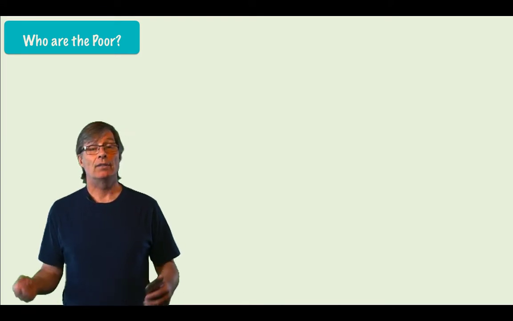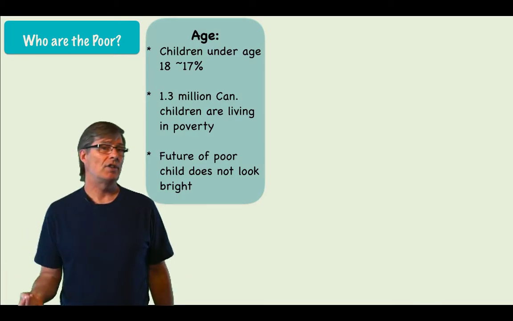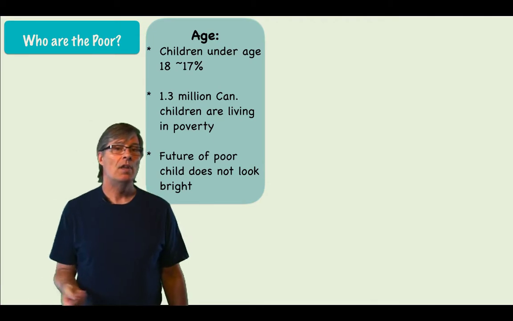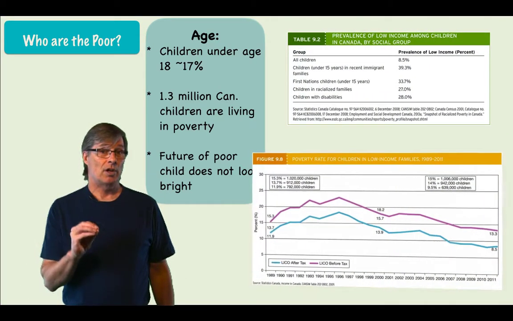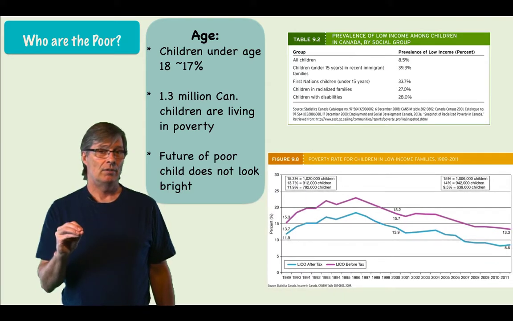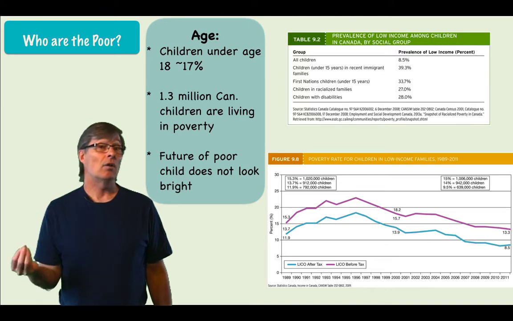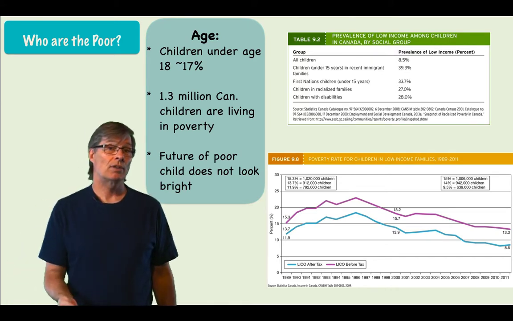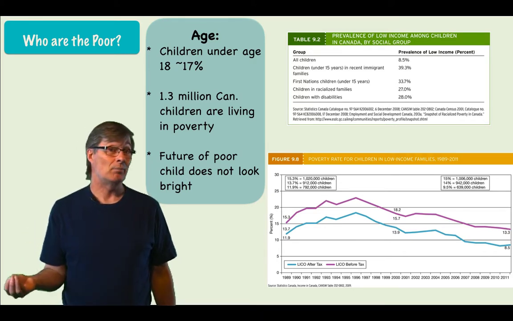Now we're going to look at different criteria, and we're going to start with the criteria of age. What influence does age have on poverty? The poverty rate for children under the age of 18 is approximately 17%. Now when we talk about under the age of 18, not all of those children live with parents. Some of them are homeless. And so this poverty rate is very high, 17%.